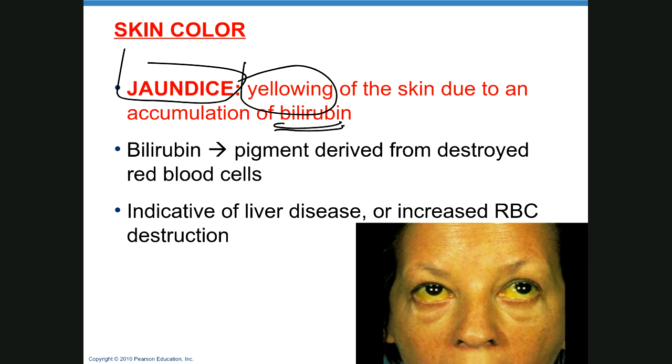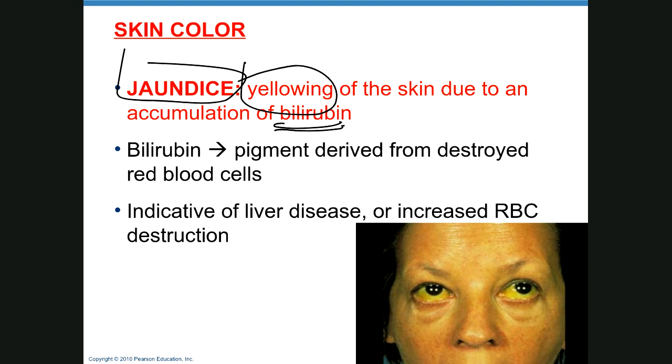And part of the end product of the destruction of hemoglobin is bilirubin. Bilirubin is a toxic product that is sent via blood to the liver. And the liver will detoxify bilirubin, and we're going to excrete it in feces. We also excrete it in urine, and that's why urine is yellow. It's because of bilirubin. So everything is fine unless the liver stops working properly.